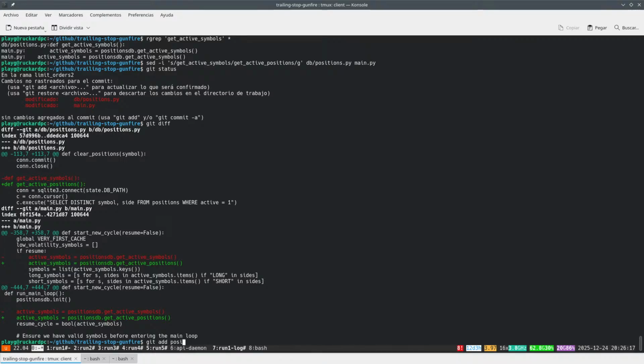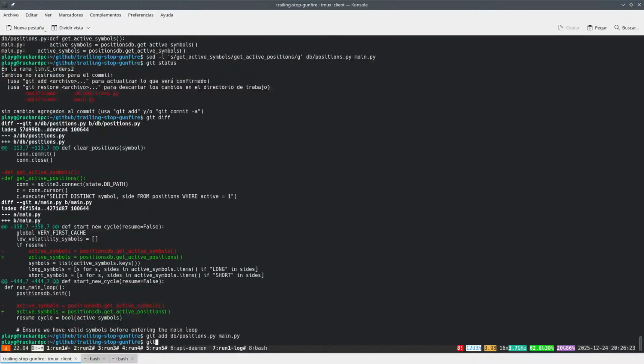So positions, db positions, and main.py.